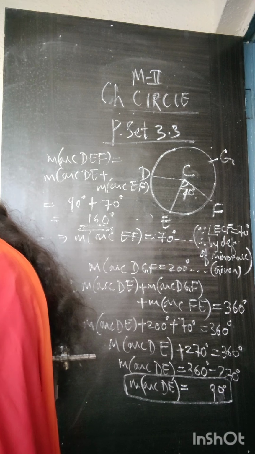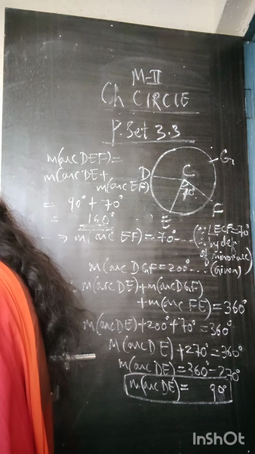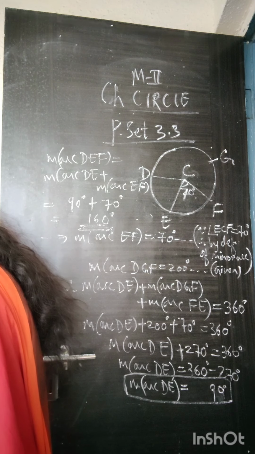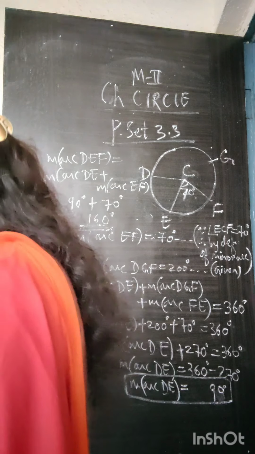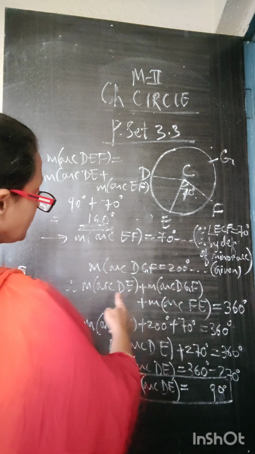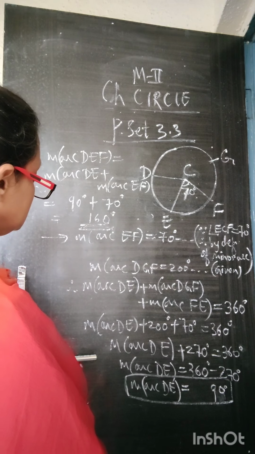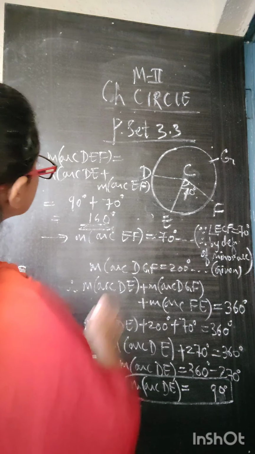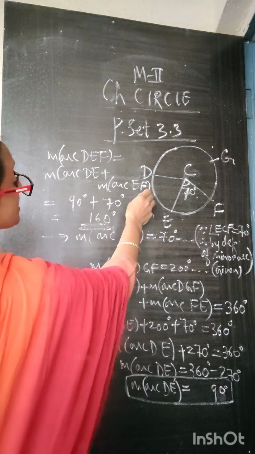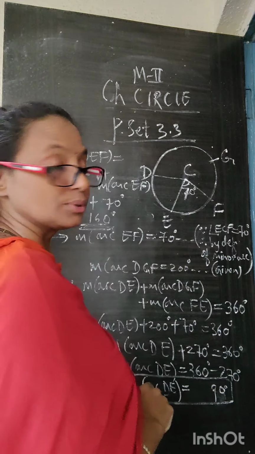Okay. Then next one. Next question. What's the next question? Let us see. Okay. Now here, what you have, this we have shown the addition of the arcs. Here you can write down the reason, arc addition postulate, right?